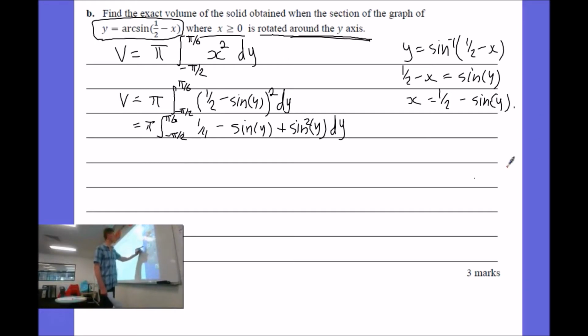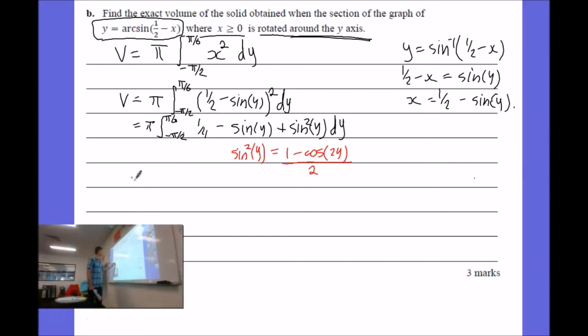So best one to use here is cosine. By rearranging the double angle rule on cos, we can get sine squared of y. Well, that will be 1 minus cos 2y on 2.